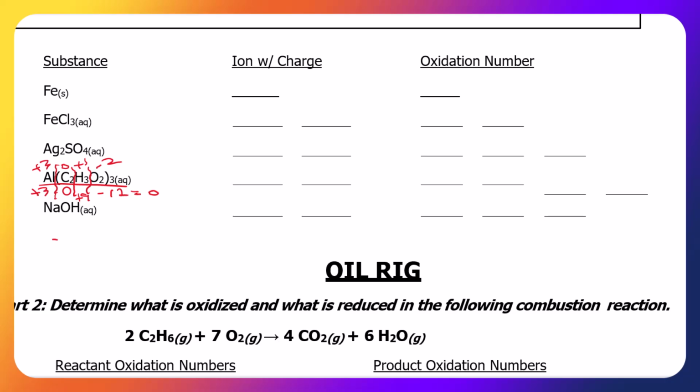So if I draw the Lewis structure, which you're going to learn how to do later on in the semester, I would have something that looks vaguely like this for acetate. I'm just going to exclude the aluminum for simplicity's sake, because right now we want to know what's going on with carbon.